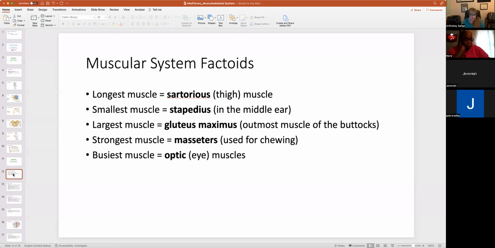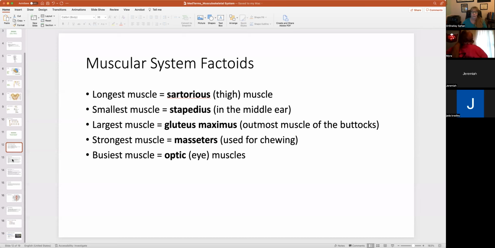And the busiest muscle, oh my gosh, the eye muscles are so busy. They move something like 30,000 times a day. Wow. Look at all that stuff we have to look at, and then we have to send all that information up to our brain. Sometimes you look at something and it never gets up to your brain, and you don't remember what you saw.